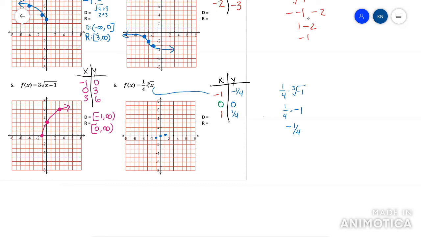It just got kind of smushed there. So it looks something like this. Domain and range is still all reals, even though it looks like it's leveling out. It's not. It's going to go up forever. And if you're wondering, this was a vertical compress. That's why it looks like it does.